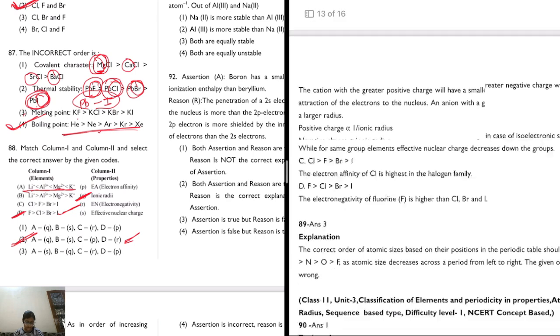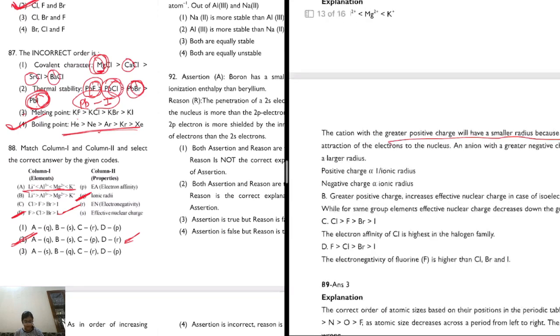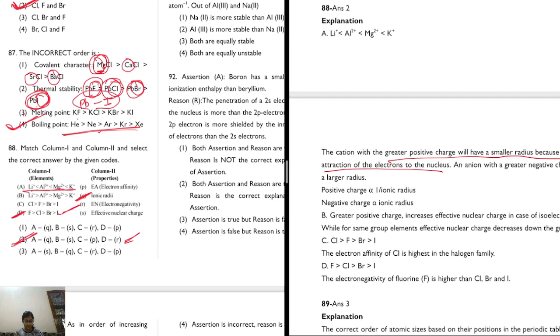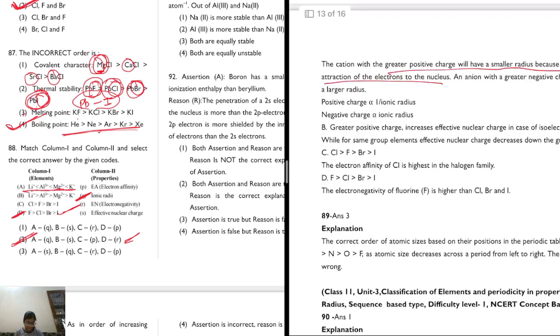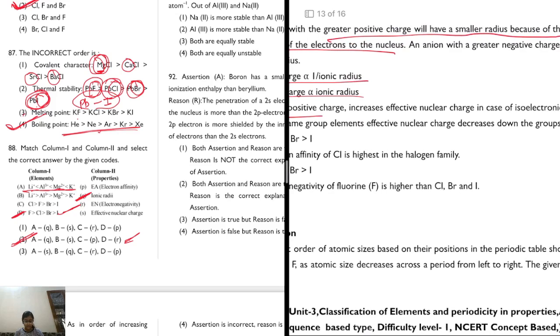See, a cation with greater positive charge will have a smaller radius because of the greater attraction of the nucleus to electrons. That is why this is the ionic radius order. Positive charge is inversely proportional to ionic radii, and negative charge is directly proportional. Another concept: greater positive charge increases the nuclear charge.